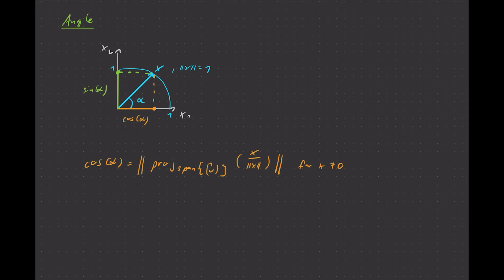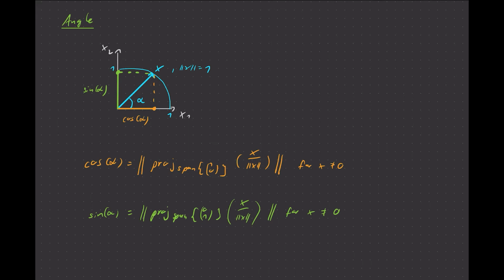And of course the same would be true for the sine, so we could also use that one. Usually we use the cosine, but of course that works for the sine in a similar way. So that is the projection onto the span of (0, 1) of x divided by its norm. And again, to get the sine, that's only a real value, not a vector, so you'd have to take the norm of that one.